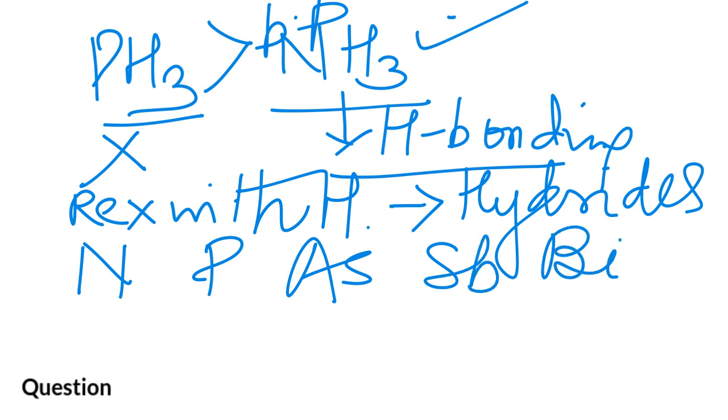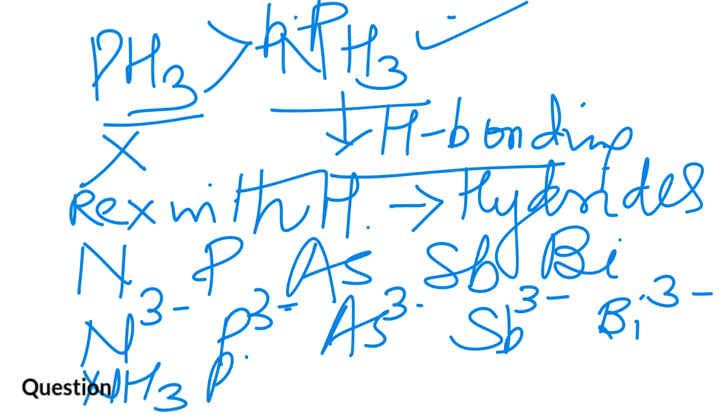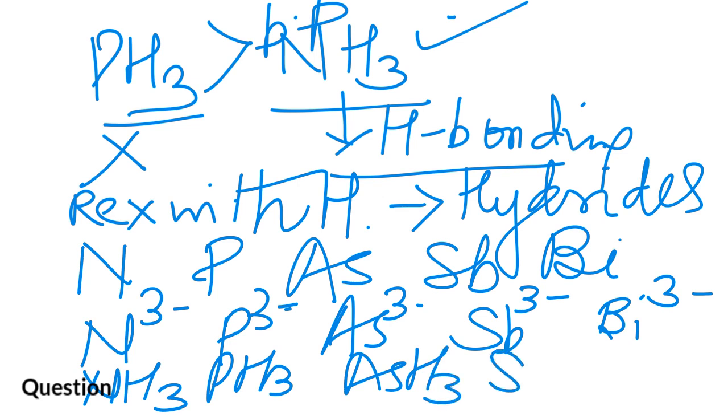So they can form hydrides NH3, PH3, AsH3, then SbH3 and BiH3.